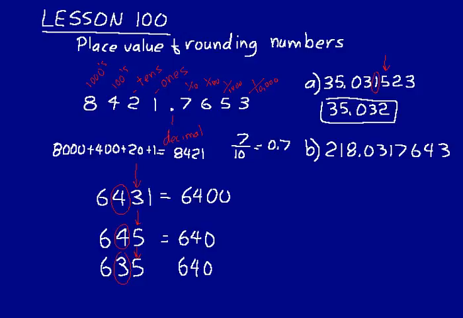The next example, I want you to round that to 3 decimal places. So what that means is round it to the nearest thousandth again. So you will put a circle around the 3rd decimal place and an arrow over the next digit. That is greater than a 5, so that tells us for sure that we will round up. And so we'll have 218.032 as our answer.